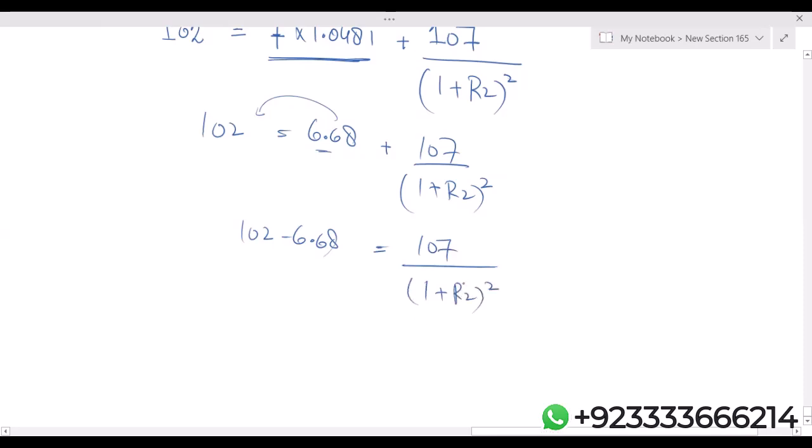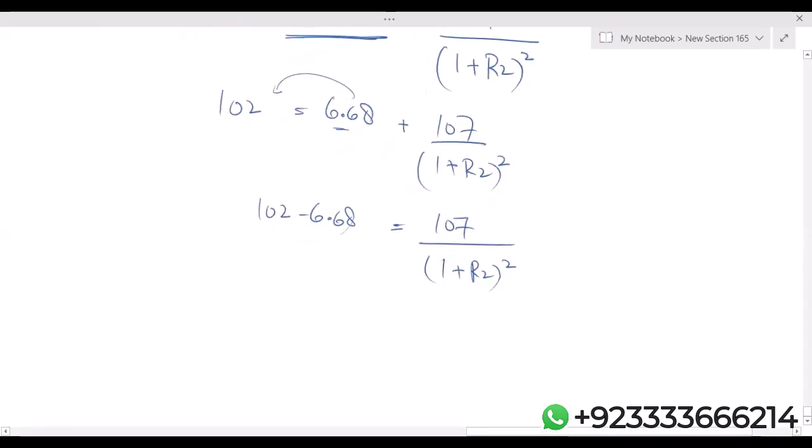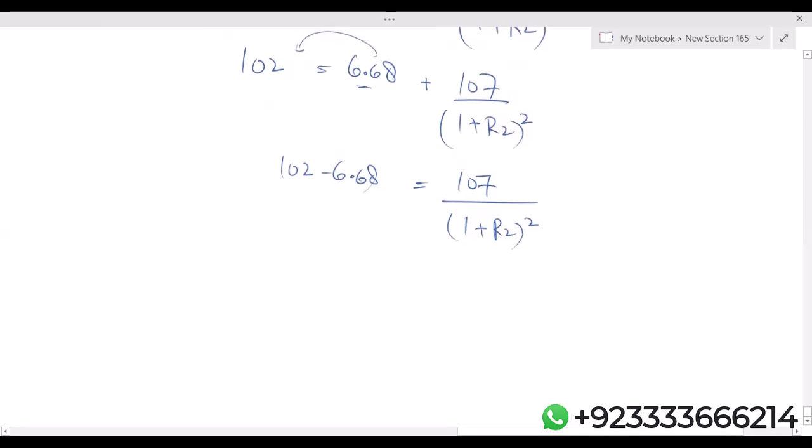So 102 minus 6.68. Okay, now keep watching what I'm doing. I just want to make a formula so that we can solve in the spreadsheet as well.